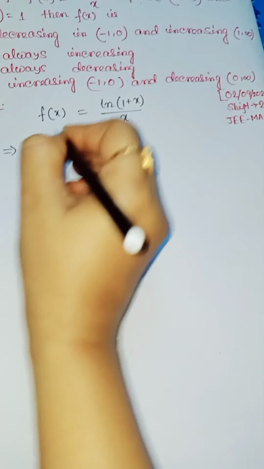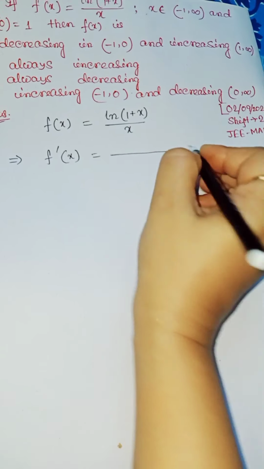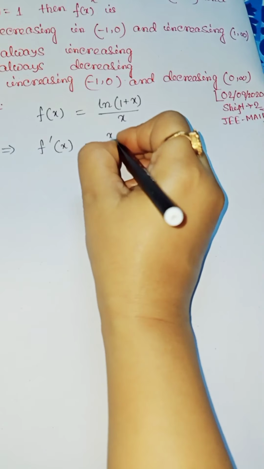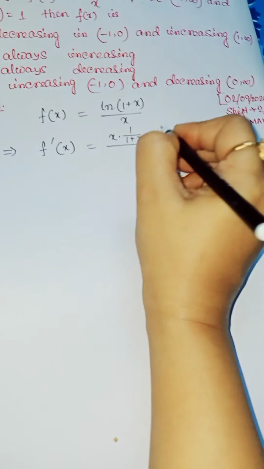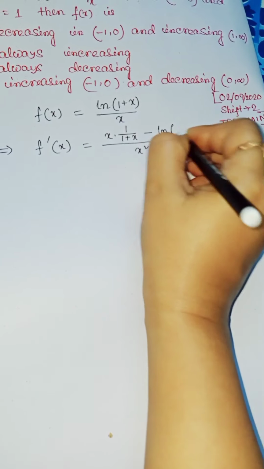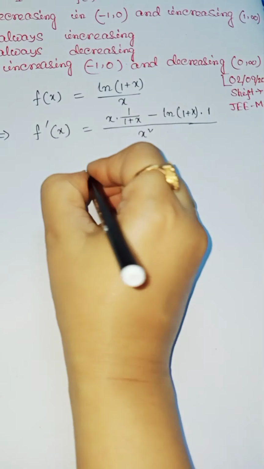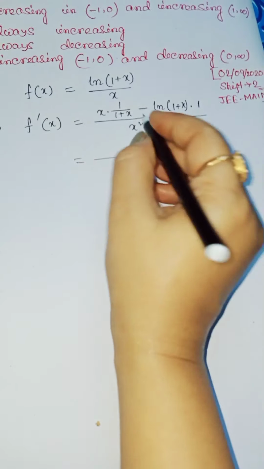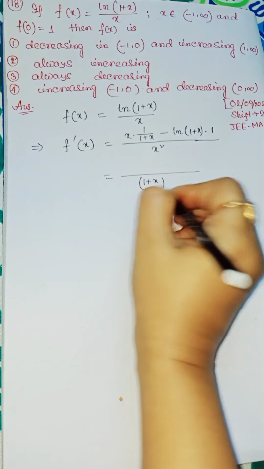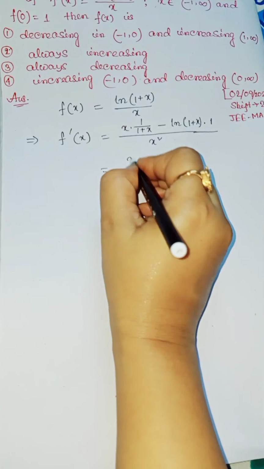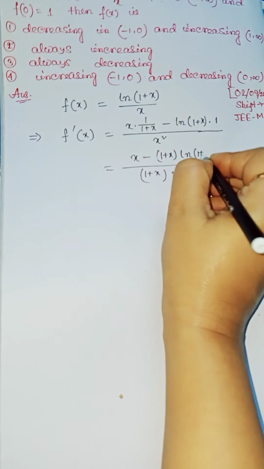Now differentiating this function, we get f'(x) is equal to x square into, differentiating this one, 1 by 1 plus x, minus this constant ln(1 + x) into differentiating this one, and it becomes, now the HCF is 1 plus x into x square, and the numerator becomes x minus (1 + x) into ln(1 + x).